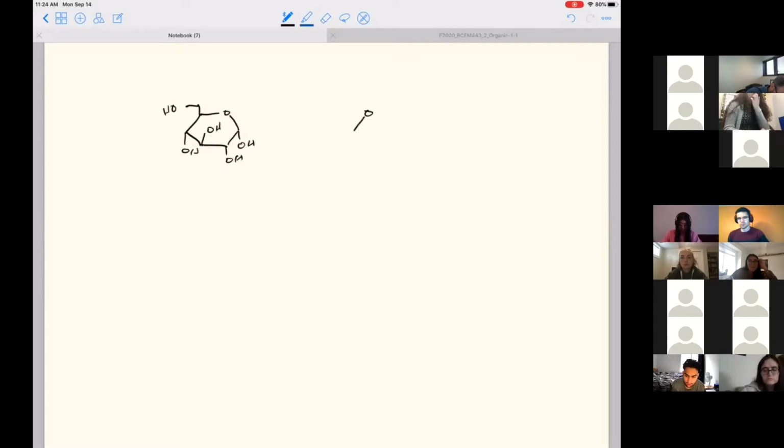Glucose, good, yes. And what is this molecule, chat? Fructose, yeah. So the 2 molecules are both C6H12O6, and neither of them is oxidized relative to the other one.